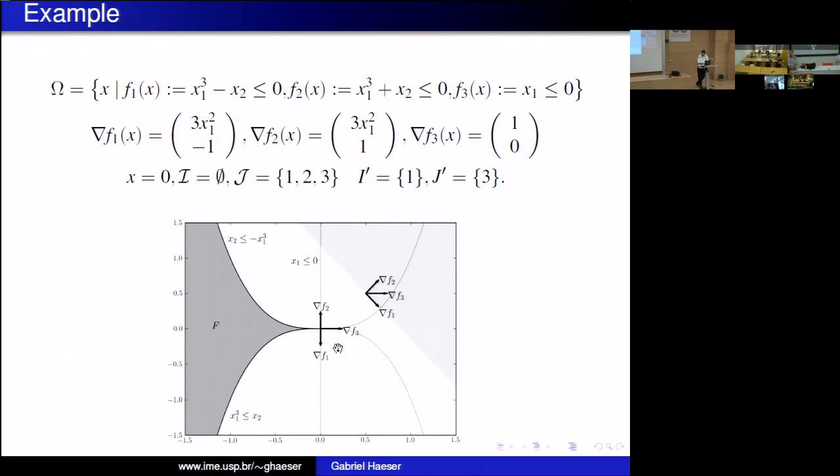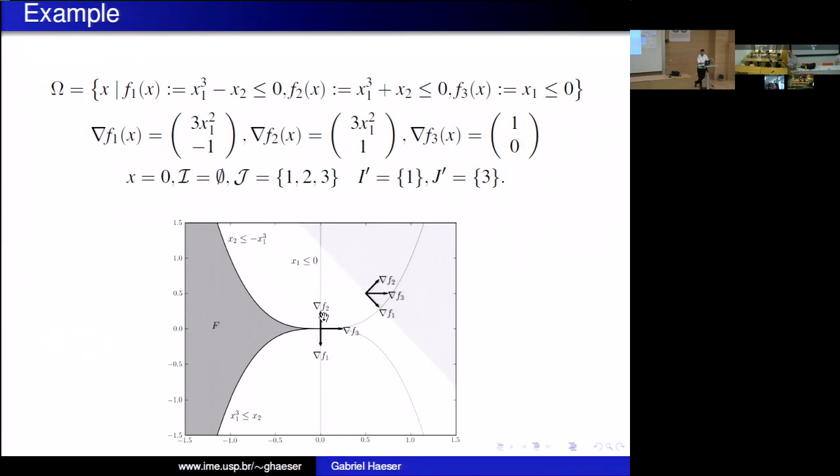If I do this, I have a basis for this cone. Geometrically, you have 2 constraints here, and 1 additional constraint, x1 less than or equal to 0. These are the gradients: 1, 2, and 3. The cone generated by these 3 vectors, positive multiples of each, is this half space.